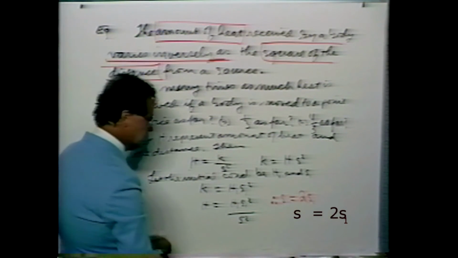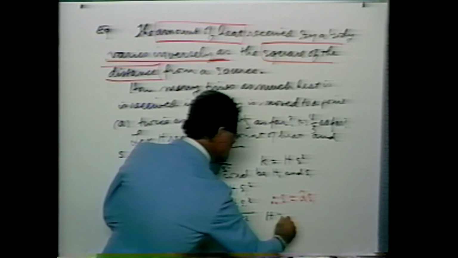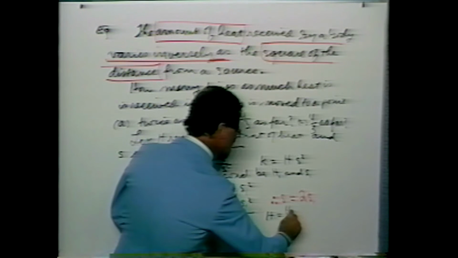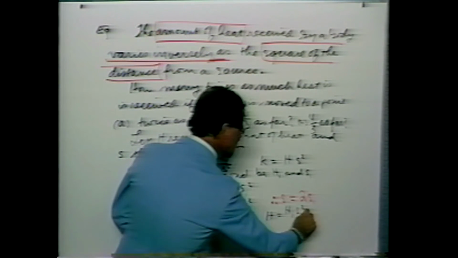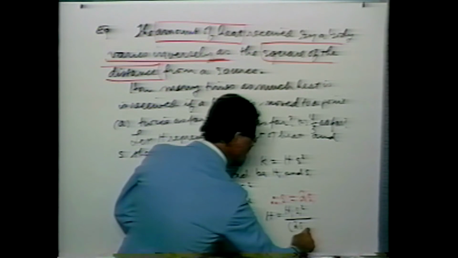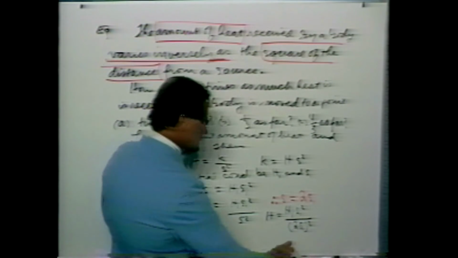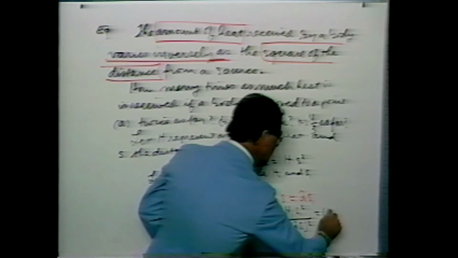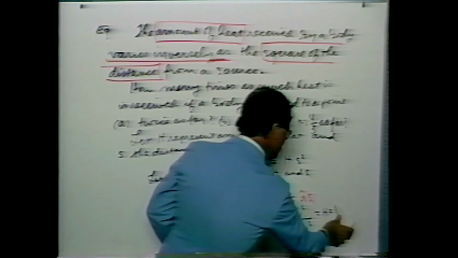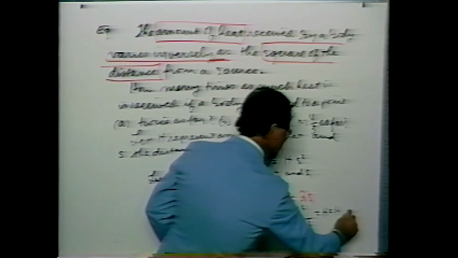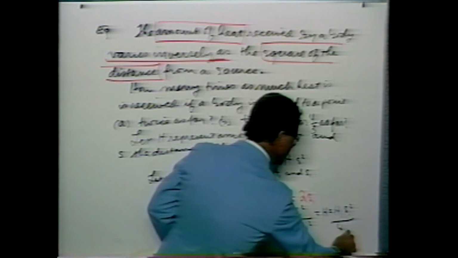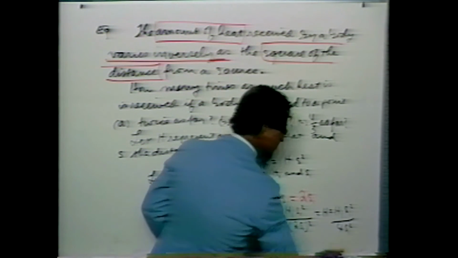We can now solve for H. H is unknown and will equal H1 S1 squared over S is 2S1 quantity squared. That is equal to H1 S1 squared over 4S1 squared.